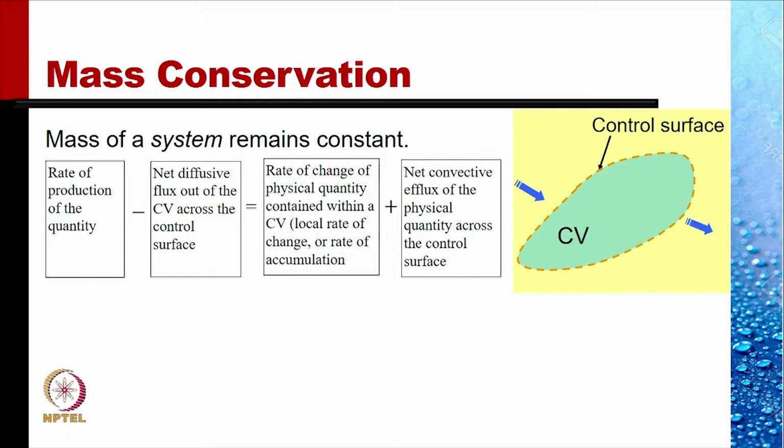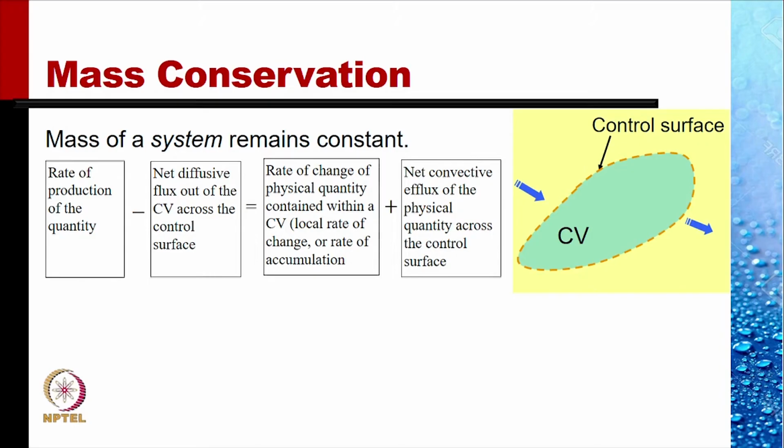As we discussed in the last lecture, the Reynolds transport theorem says that the rate of production of the physical quantity that we are dealing with, minus the net diffusive flux out of the control volume across the control surface, should equal the rate of change of the physical quantity contained within the control volume, that is the local rate of change, or the rate of accumulation, plus the convective flux of the physical quantity across the control surface.